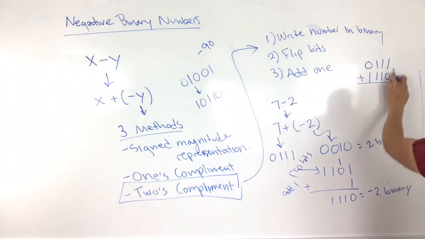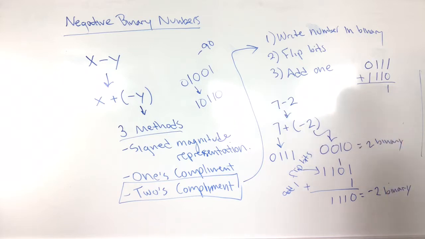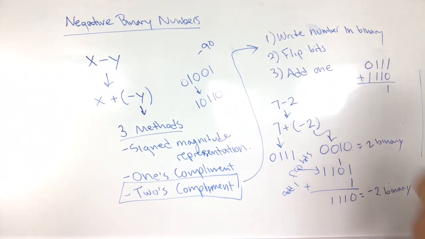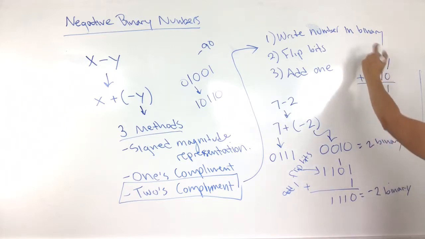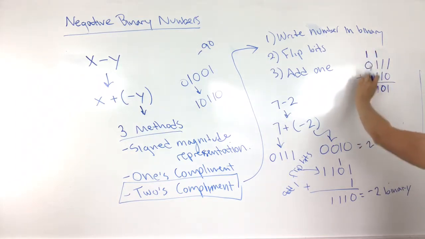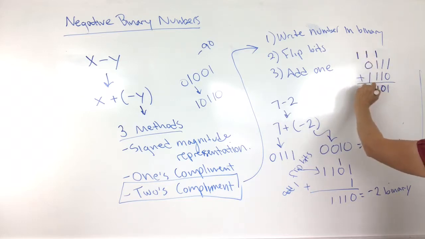We have a 1 and a 0, so we drop down a 1. We have a 1 and a 1, so we carry a 1, drop down a 0. Now we have 3 1s, so we carry a 1, drop down a 1. And we have 1 1, so we carry a 1, drop down a 0. And then we drop down a 1.